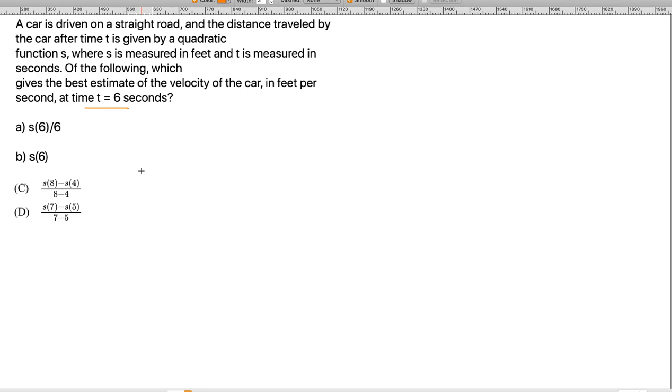If I draw a picture just to illustrate this problem, and make sure everybody understands, the velocity problem is the easiest one to understand. Here's t, and here's the distance that the car has gone. I don't know what it is at these values, but we're investigating near 6 seconds.